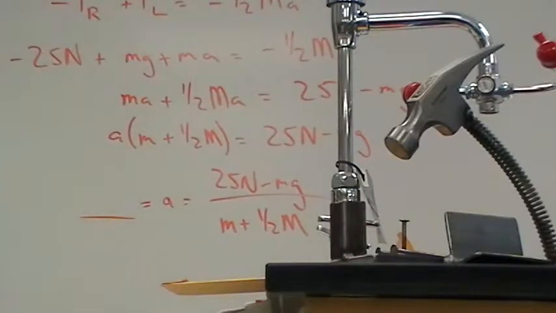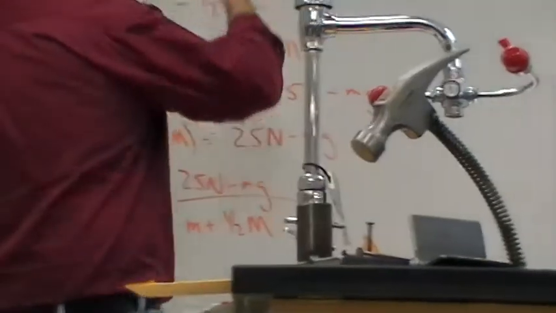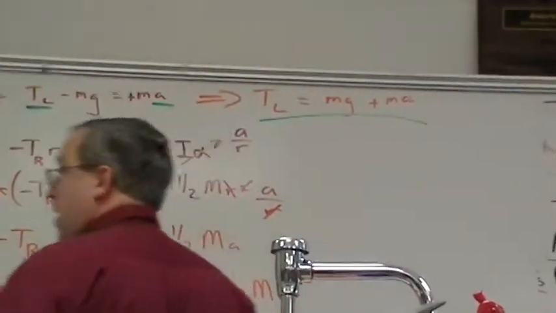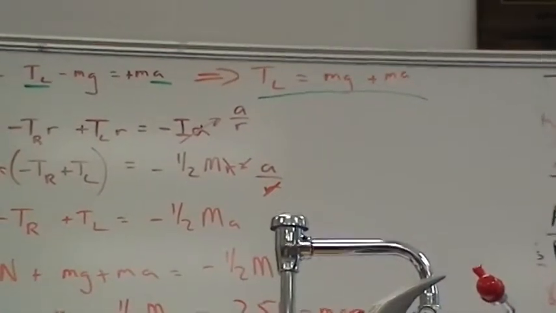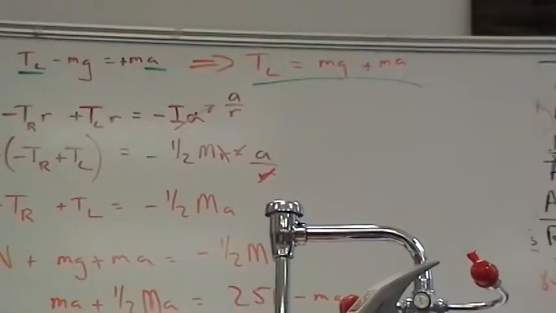Now, you guys know me, I really could care less what that value for A is. Once you get A, could you find the tension on the left? How? You've got it, you've already solved for it right there. Just plug it in real quick and you'll be done.